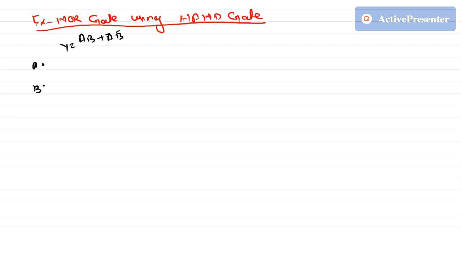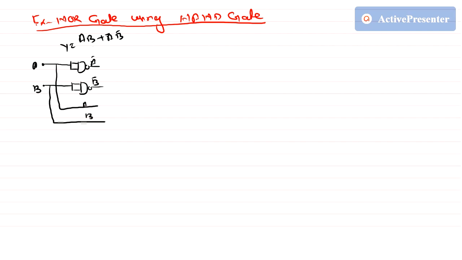To get A bar B bar we need two NOT gates designed using NAND gates. This will give me A bar, and this will give me B bar.